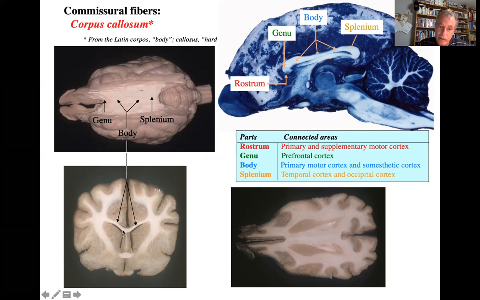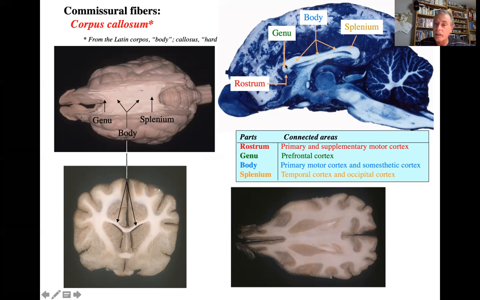Again, the corpus callosum between both cerebral hemispheres under the cingulate gyrus. Here is a Mulligan staining, and we identify the corpus callosum. The corpus callosum has different parts. One is the rostrum. The rostrum communicates motor cortices, primary and supplementary motor cortices.